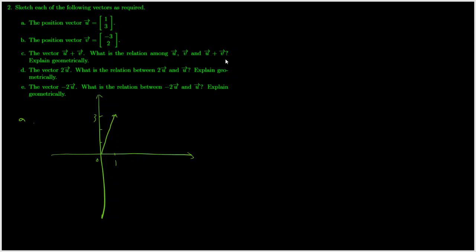Okay, it's pretty straight. That's vector u. I'm going to label the vector u. Again, a position vector is a vector with the origin as initial point.